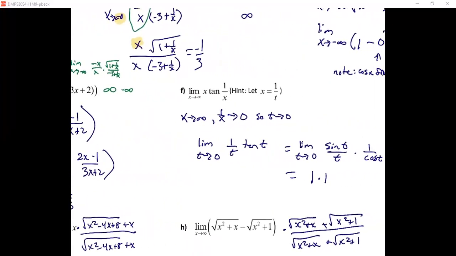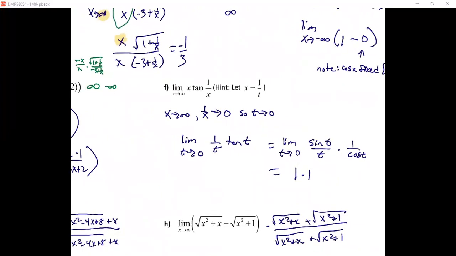F is kind of a creative approach to finding limits based off of what we've done. If we do a substitution of the limit, that substitution I kind of indicated here, if x is 1 over t, as x goes to infinity, 1 over x goes to 0.